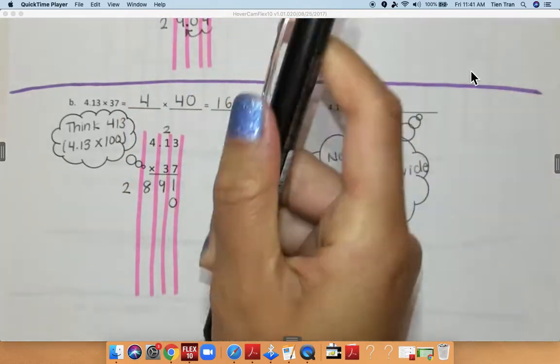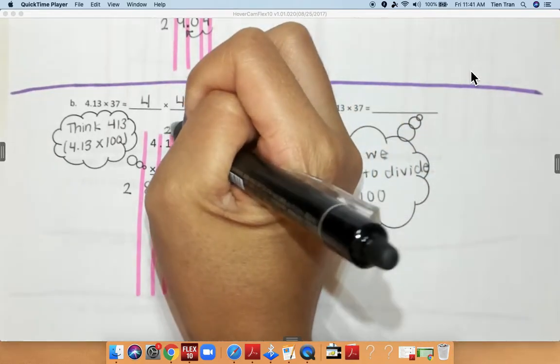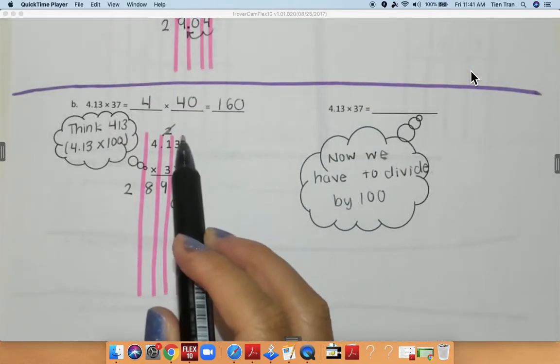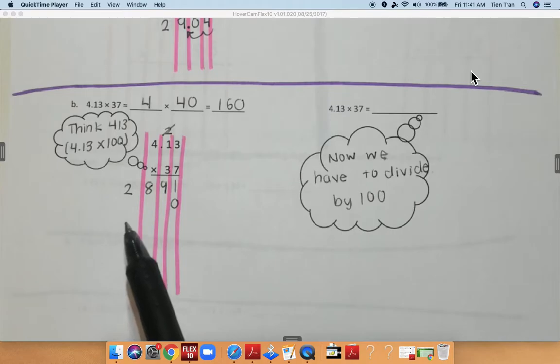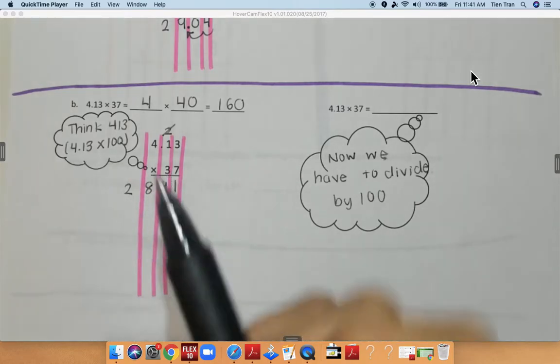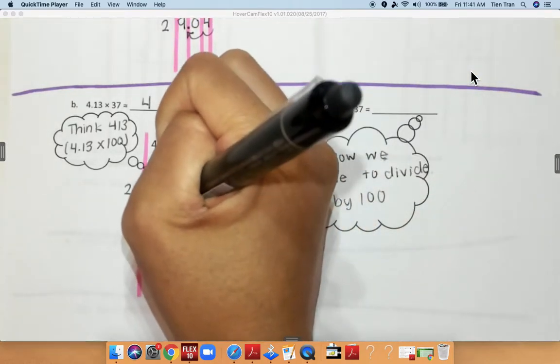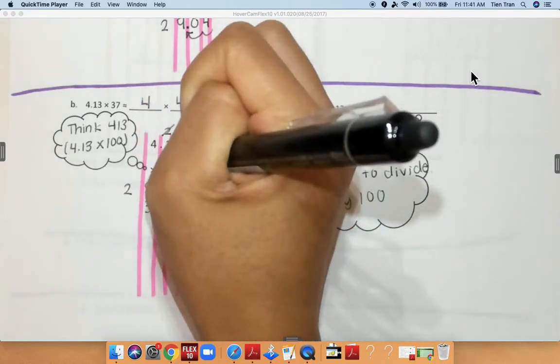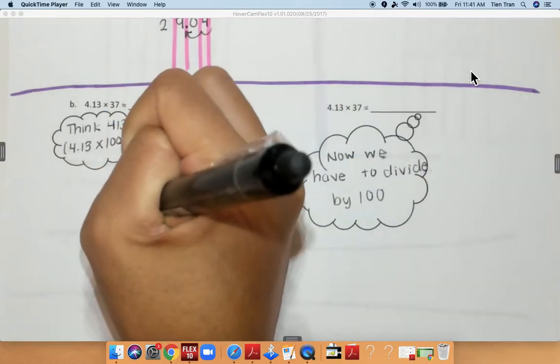I'm bringing down my 0 because now I'm multiplying in my tens place. I'm crossing off my number at the top so that I don't accidentally add it when I'm multiplying in my tens place. 3 times 3 is 9, 3 times 1 is 3, and 3 times 4 is equal to 12.